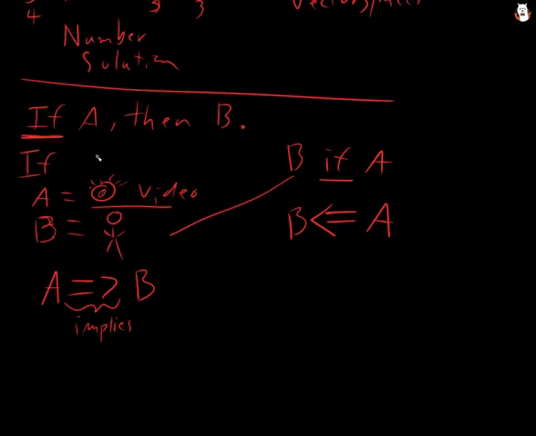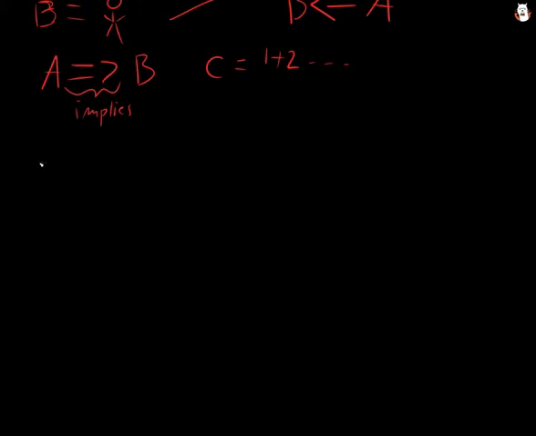So if we had another statement C, which was that you were doing math, so 1 plus 2, then that can also imply that you're human. The fact that there are many things that might imply B leads us to our next topic, which is an only if statement, which restricts what things can imply something else.